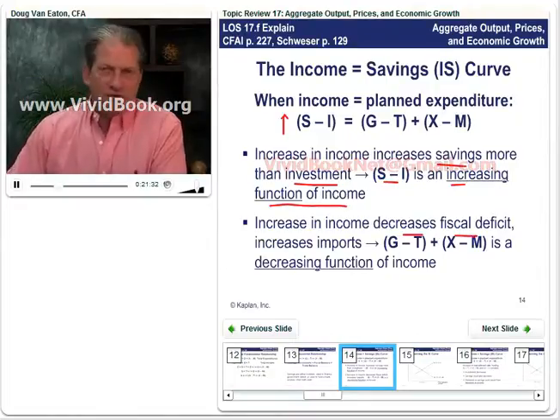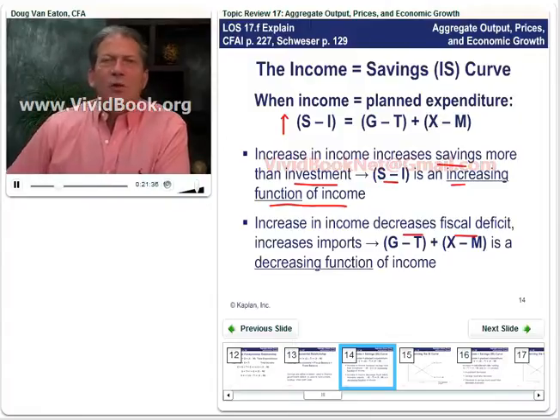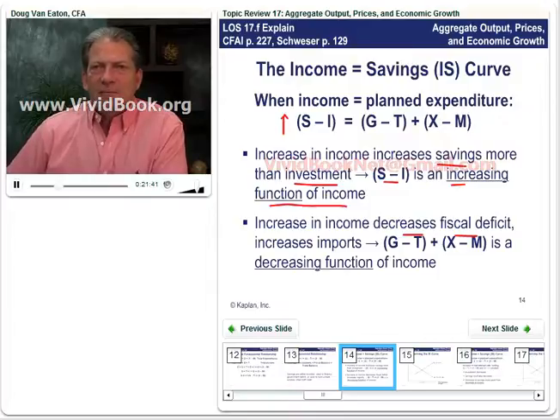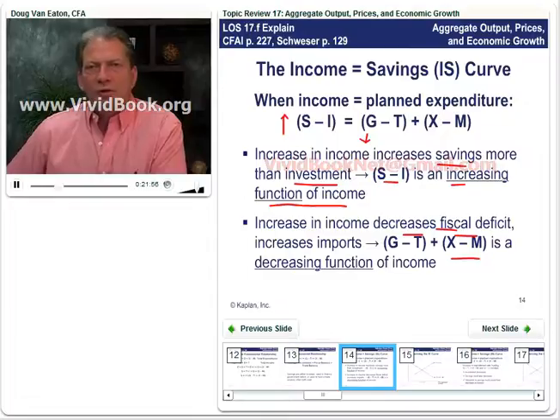Because tax revenues go up. Higher the income, more people paying taxes. We hold G constant, and we see that fiscal deficit is decreased, and exports minus imports, if we look at that whole term, that's decreasing as well.